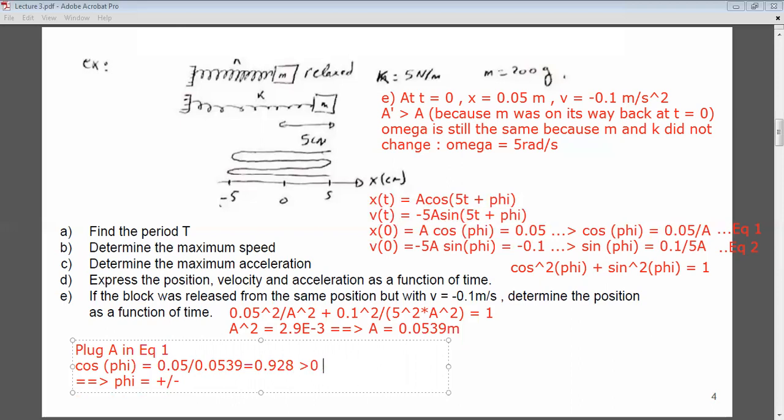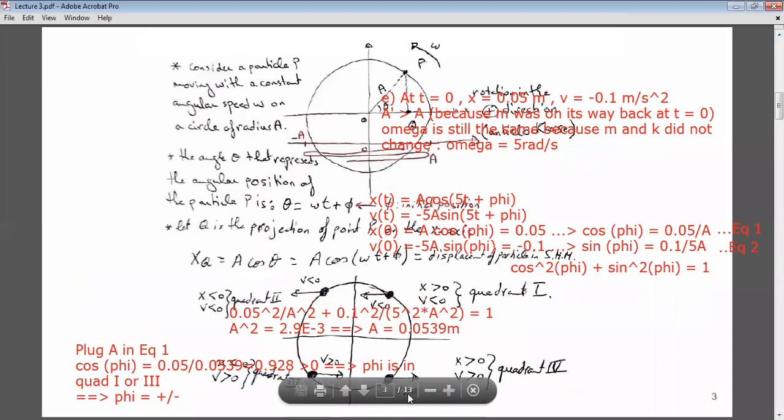Okay, so this is positive, which implies phi is in quadrant 1 or 3. Okay, you have to remember back here, if the x is positive, it belongs to quadrant 1 or 4.